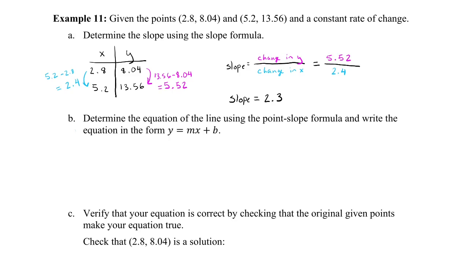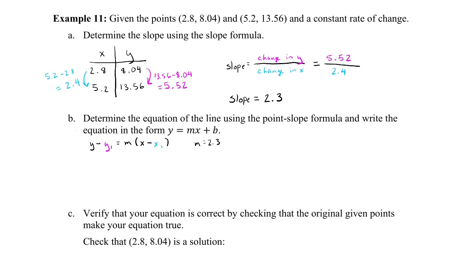Now we can put that into the point-slope form. So the point-slope form is y minus the given y is equal to the slope times x minus the given x. And I'm going to use the slope is 2.3. We just found that.